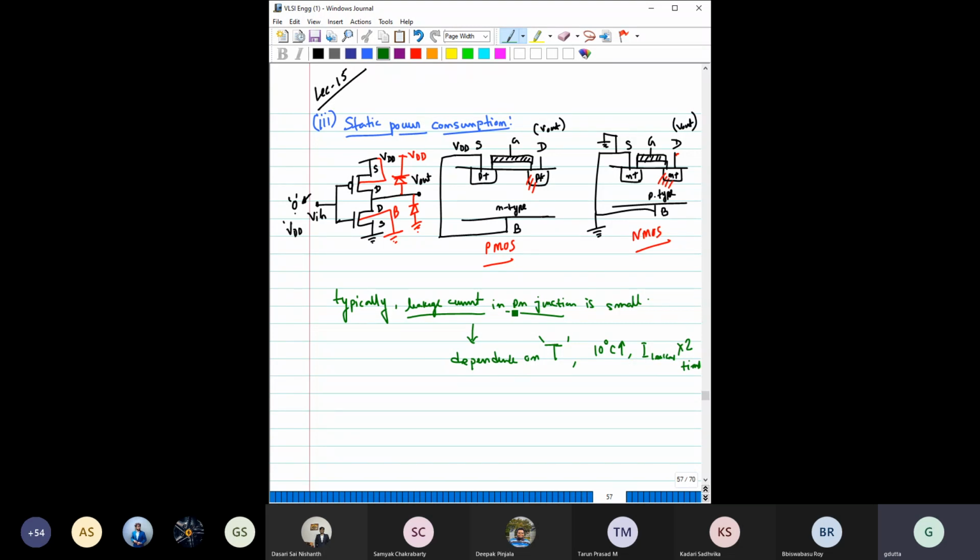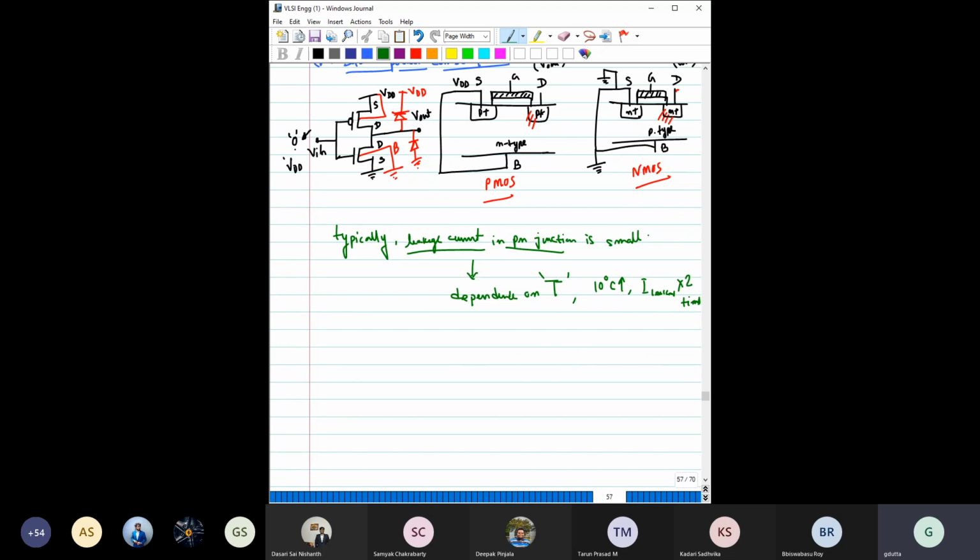At room temperature, probably you can neglect the power dissipation, but at elevated temperature, you should consider the power dissipation because of this junction leakage, right? So leakage at elevated temperature.